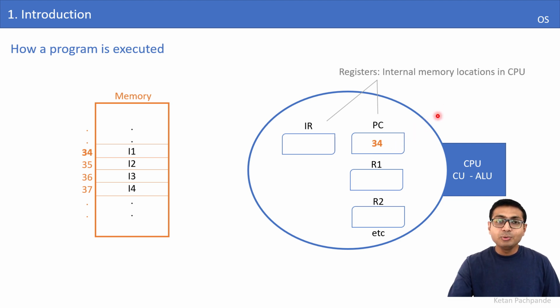Now what CPU does is, it looks at this program counter value, it goes to memory and it fetches this instruction from memory and copies it to local memory, that is your instruction register. So now I have the second copy of this instruction, and the operation is called as fetching. CPU has brought the instruction 1 into the local memory, and now it is good to execute that instruction.